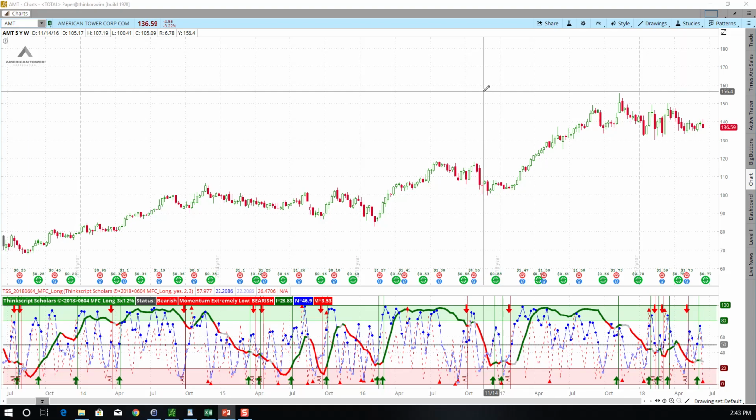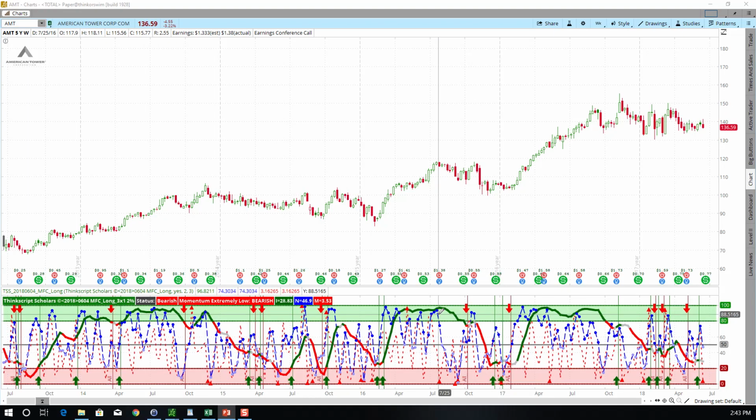So I want to point out that this really is not being set forth as an ideal strategy, although I think it's a fairly decent strategy.